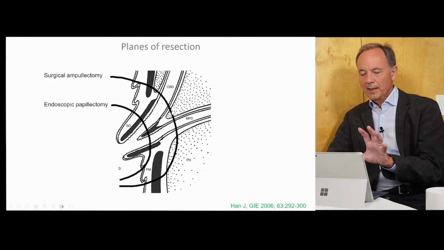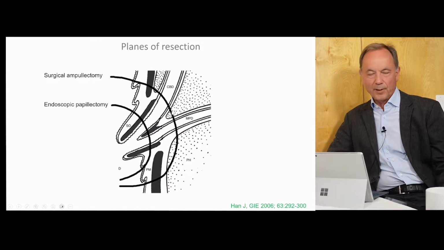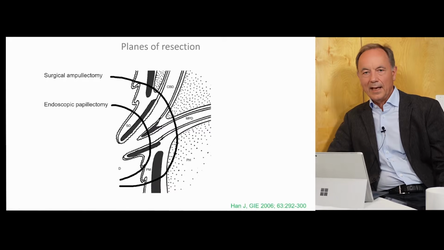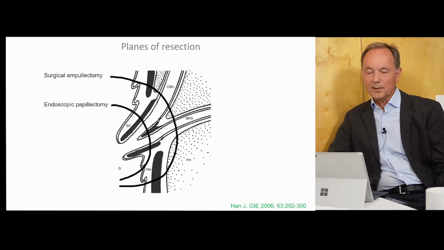So our approach is limited to the papilla, and therefore indications, as you said, are adenomas with maximum high-grade dysplasia, maybe in selected cases early adenocarcinoma, and subepithelial lesions, so small neuroendocrine tumors, for example, carcinoids.